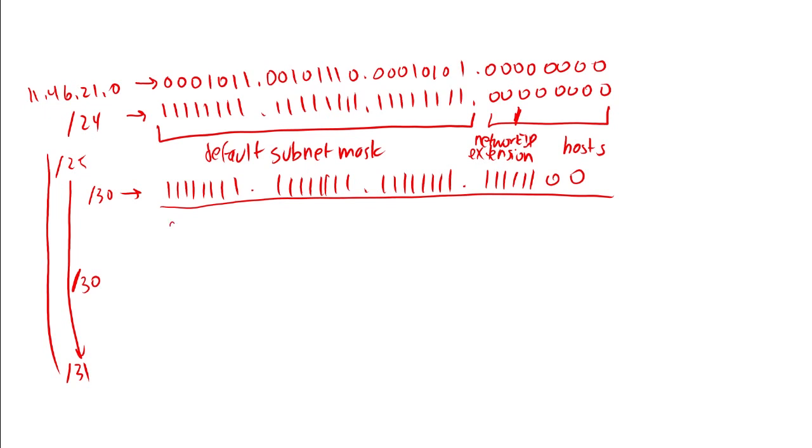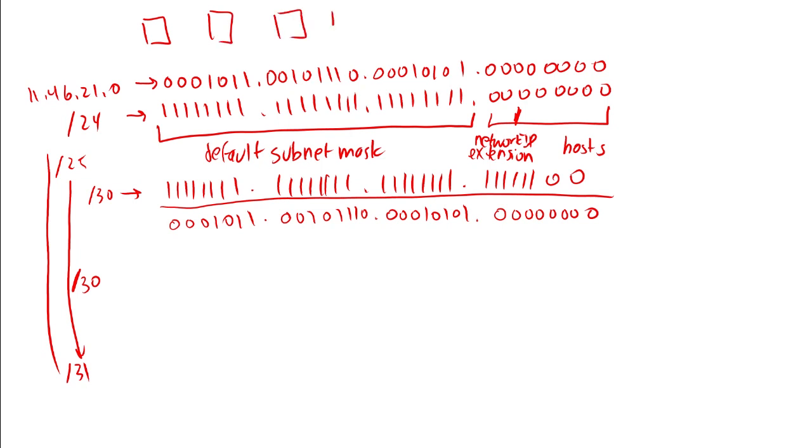So 0.001.011 dot 0.0101110 dot 0.001.01101 dot, and they're all zeros. So remember my boxes: 2, 3, 4, 5, 6, 7, 8.